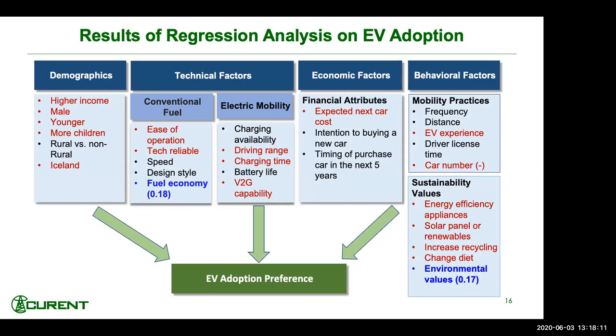There's no gas and dirtiness. So EVs in the beginning were designed for females, but for some reason this became a male-dominated thing now.